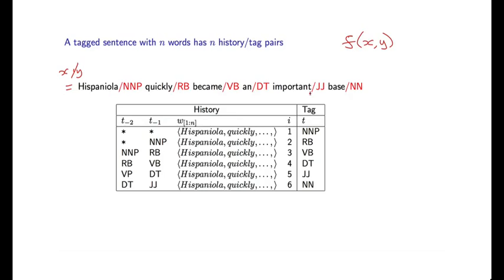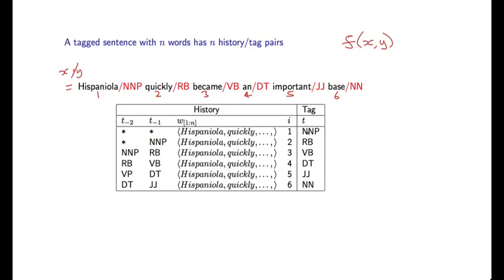If there are n words in that sentence, then there are n history-tag pairs within that x, y pair. This particular sentence has 1, 2, 3, 4, 5, 6 words. For convenience, I'll just number them. And we have 6 history-tag pairs for this particular example.